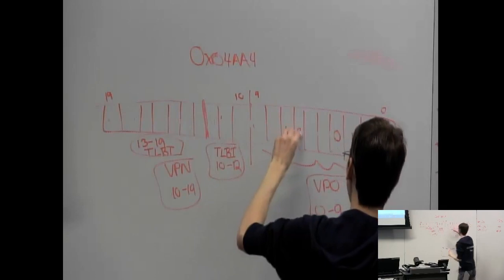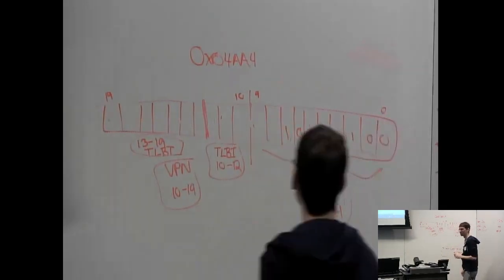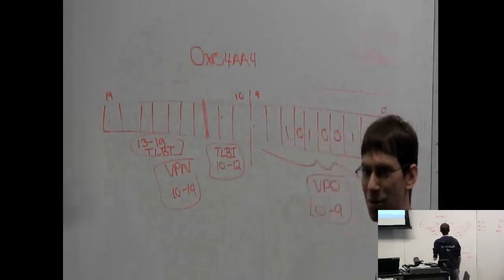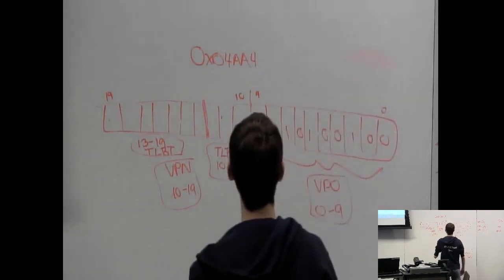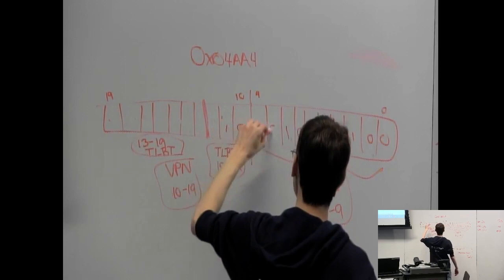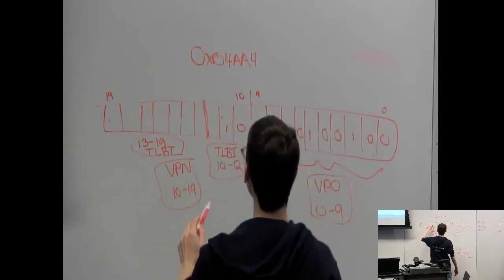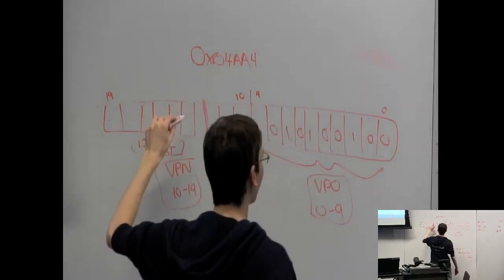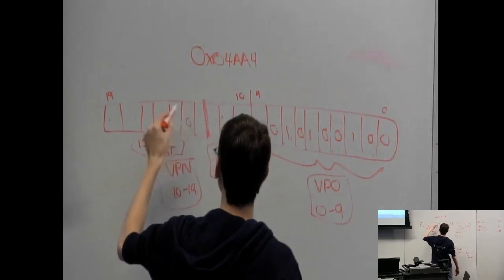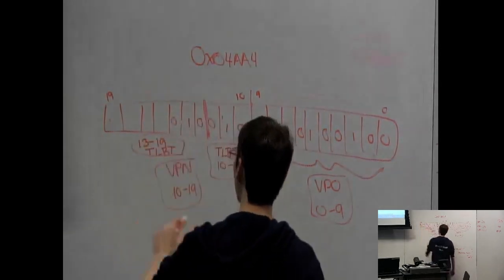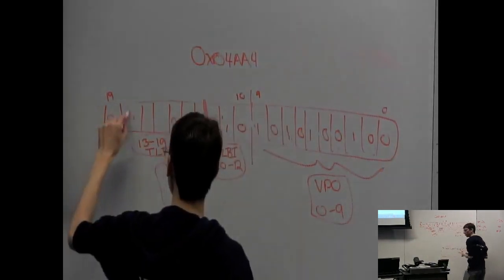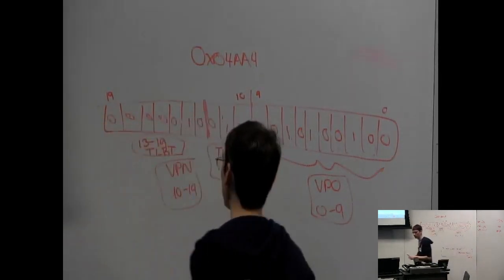It's actually just like 2 tens if you want to be really abusive and read it out as decimal notation. Okay, and then we've got another A, 1010, and then another 4, 0100, and then it was 0 up top, so 4 more zeros. Okay, so now we've got the bits, the virtual address for this problem.